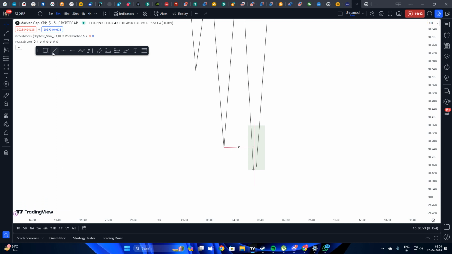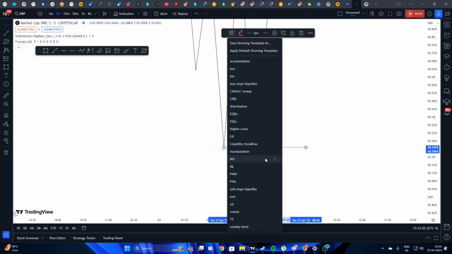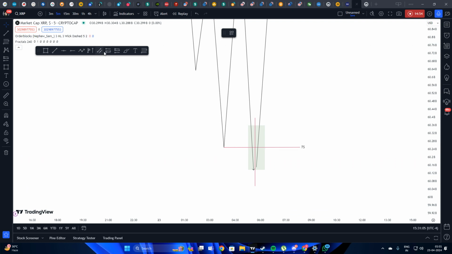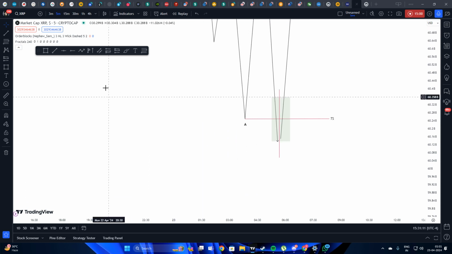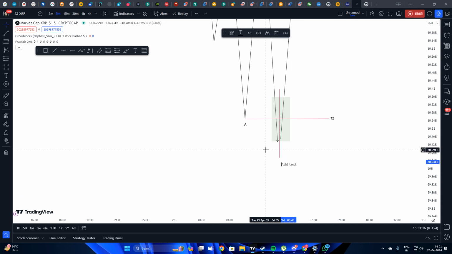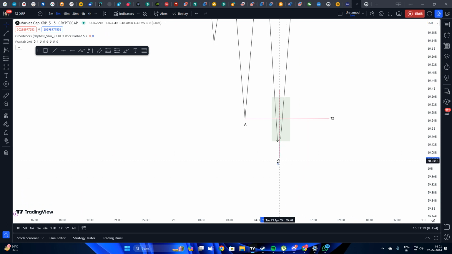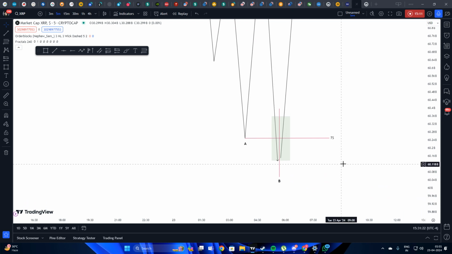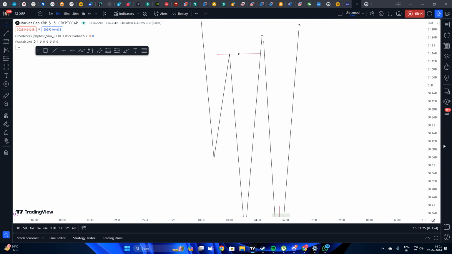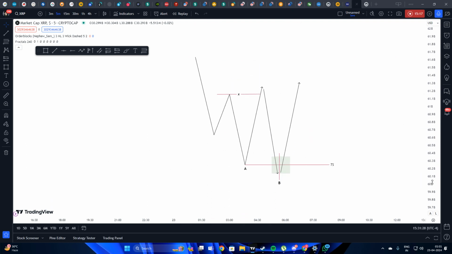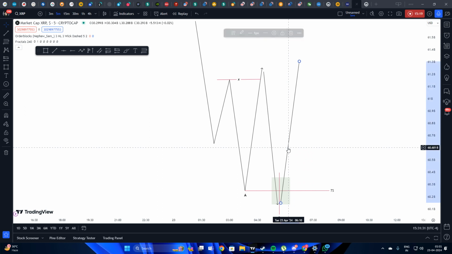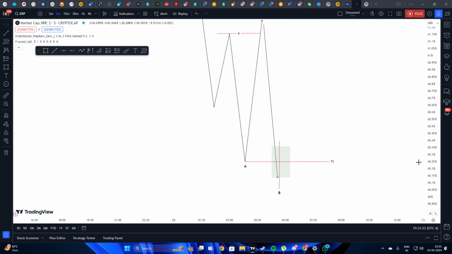So what you're going to do is mark this CHoCH and name it TS for turtle soup. This is also known as point A, and this is known as point B. The market will not always move exactly like this. 90% of the time it will not.